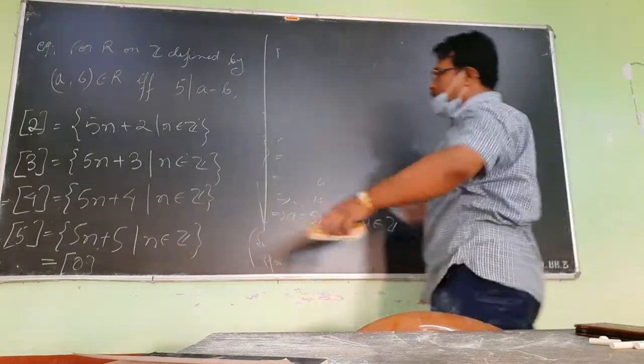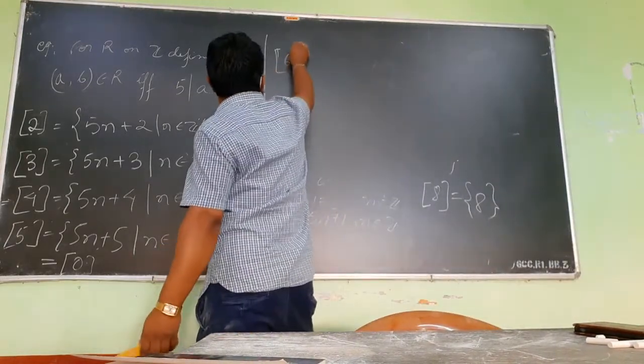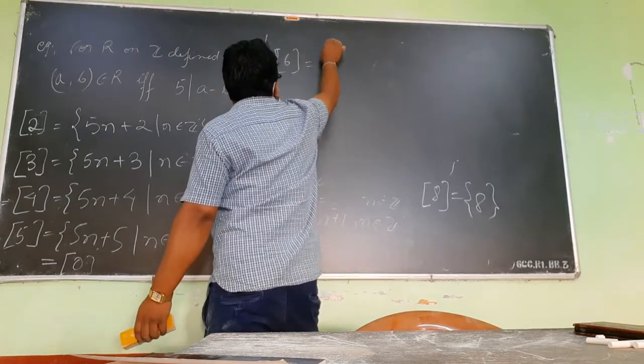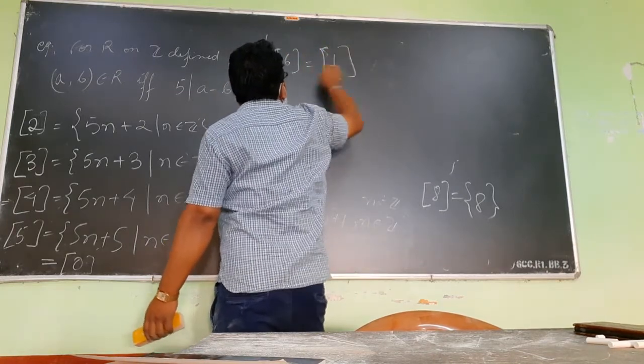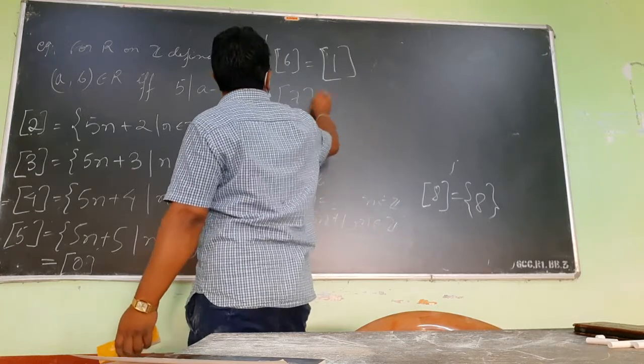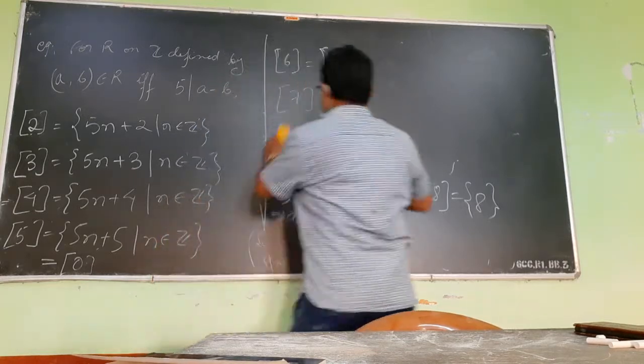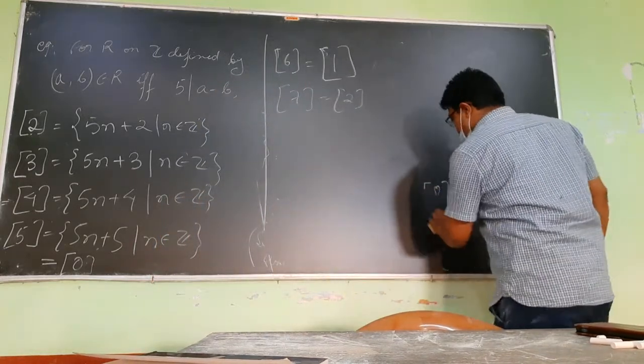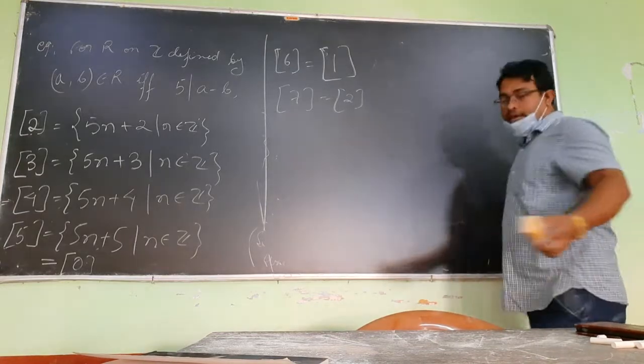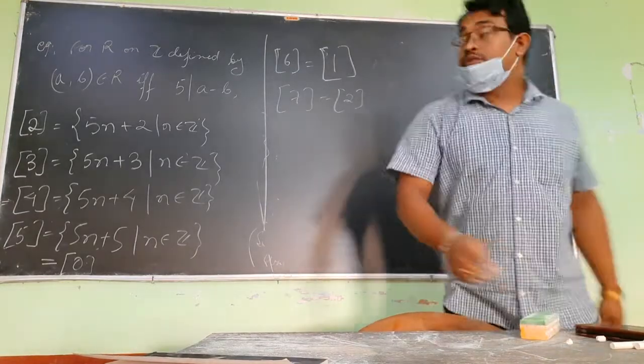Similarly, if you come to the equivalence class of 6, this will be the same as the equivalence class of 1. The equivalence class of 7 will be the same as the equivalence class of 2. So under this relation there are only 5 equivalence classes.